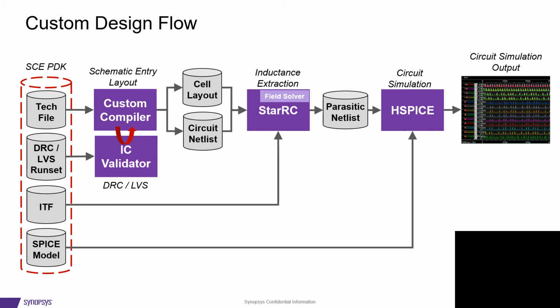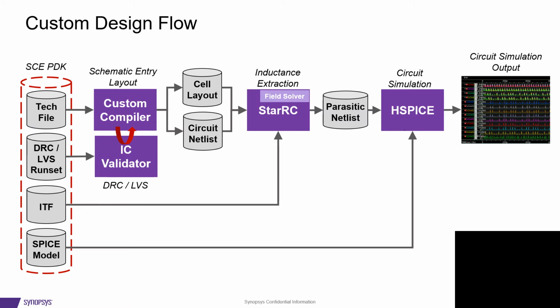The idea is in Custom Compiler, you can have a schematic-driven layout. You can validate the functionality and the cleanliness of the layout. And out of that, you get a circuit netlist for simulation, as well as a clean cell layout. You extract the resulting design or the resulting cell in StarRC.